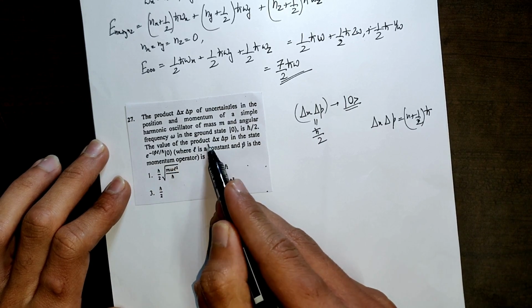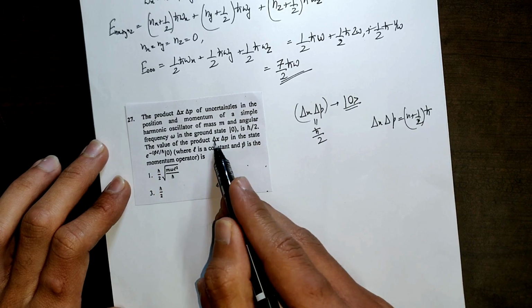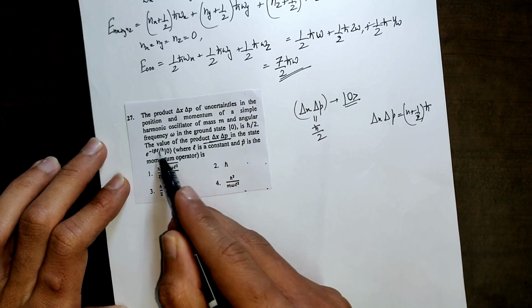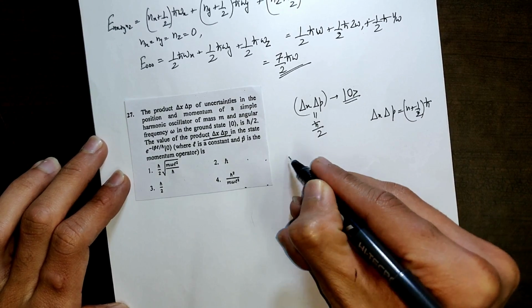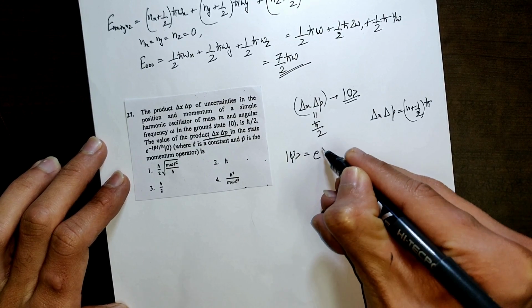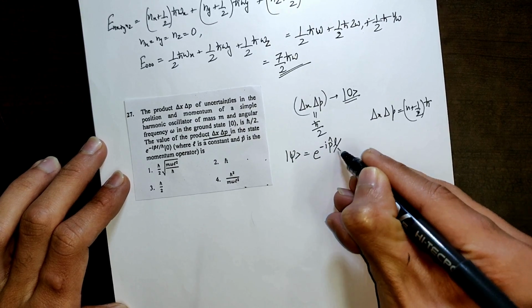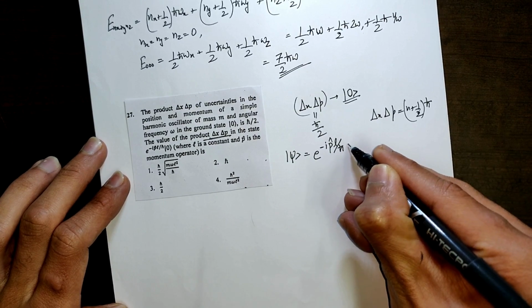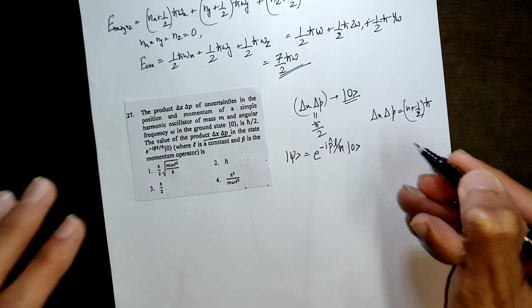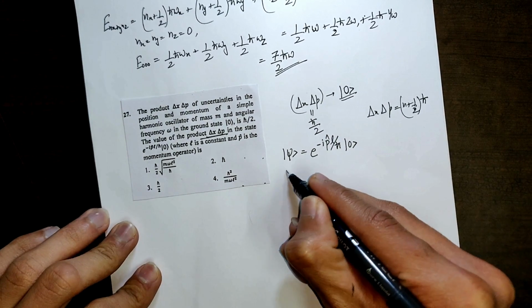Now we have to calculate the value of the product delta x into delta p in this state. So let this state be ket psi given by e raised to power minus i p cap L by h cross ket 0. Now we can calculate its bra.